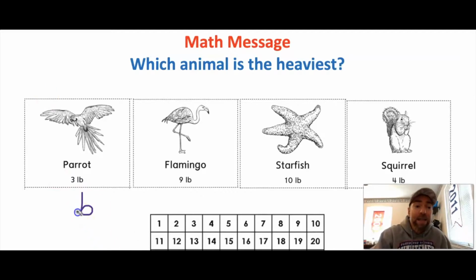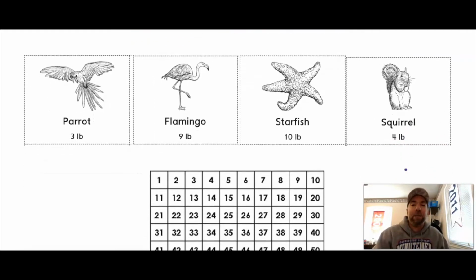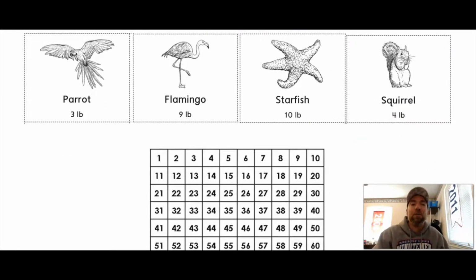The parrot weighs 3 pounds. The flamingo weighs 9 pounds. The starfish weighs 10 pounds. The squirrel weighs 4 pounds. Which of those animals is the heaviest? Now, here's what I want us to do. I want us to circle all of those numbers on our number grid.